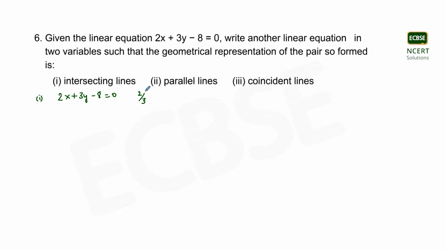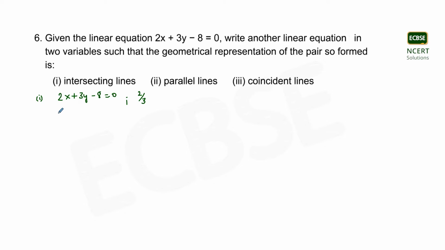For the lines to be intersecting, the other linear equation should be such that its ratio of the coefficients of x and y is not equal to 2 by 3. Which means we need to form a linear equation whose coefficients of x and y are not 2 and 3 respectively.